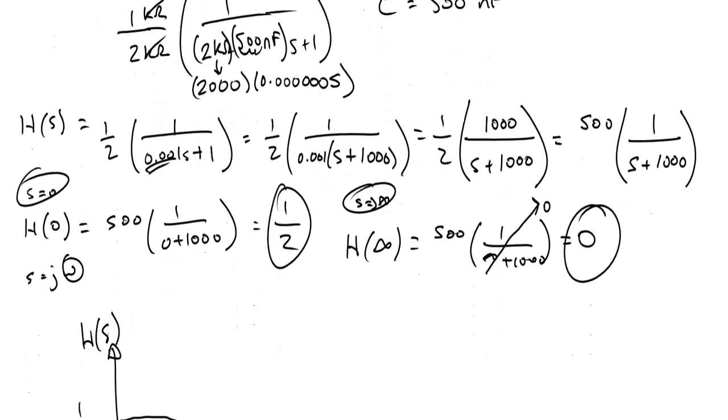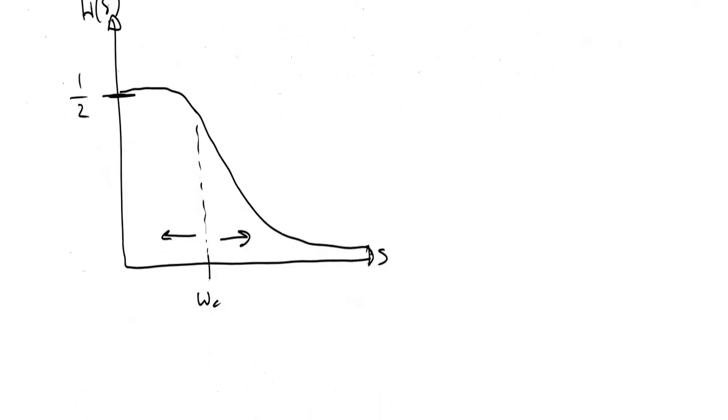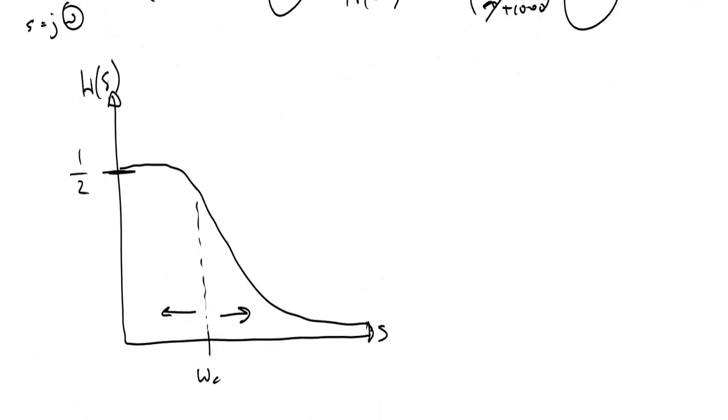So we would have something that looks like this graph, with H of s here and s, which is equal to j omega, here. We would have this gain for everything below omega C, the cutoff frequency. The cutoff frequency of a filter is the point at which anything above or below it, depending on the type of filter, is no longer considered to be passing signal.